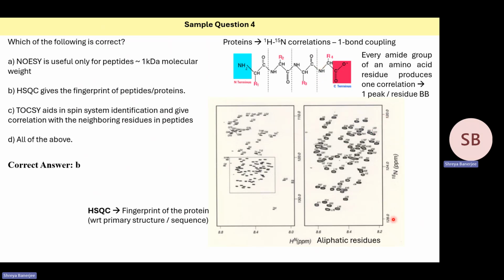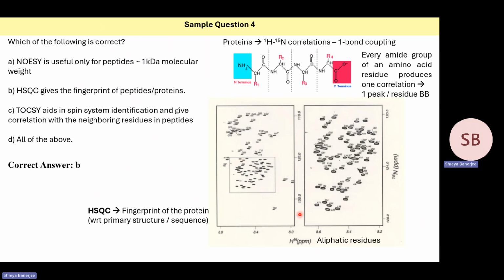So in the 15N versus 1H, that is the amide proton, HSQC experiment, you will see one peak for each amino acid. So it is kind of like the fingerprint of the protein, because each peak will correspond to one amino acid.